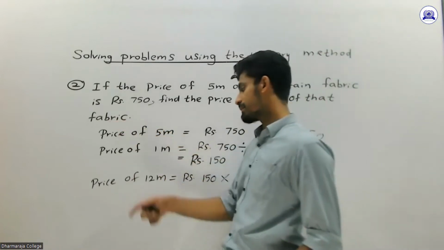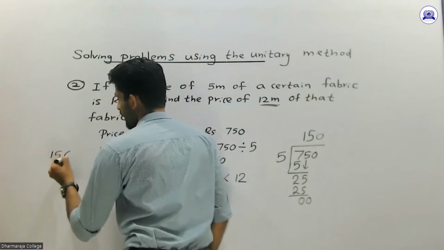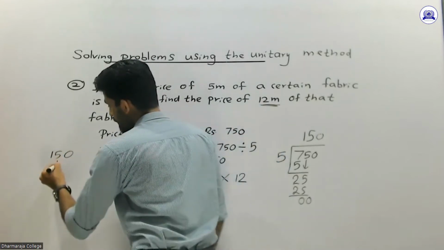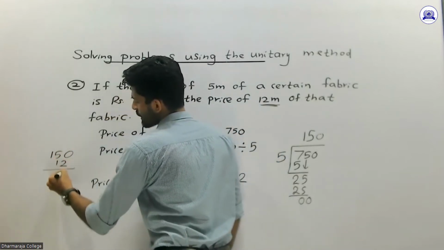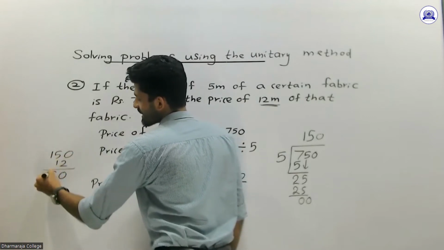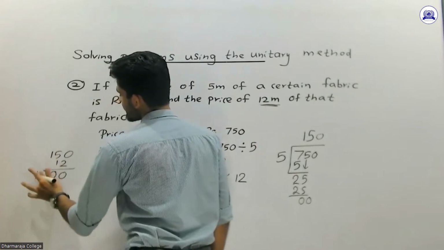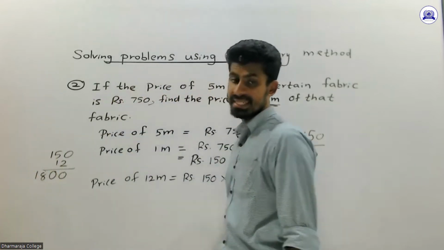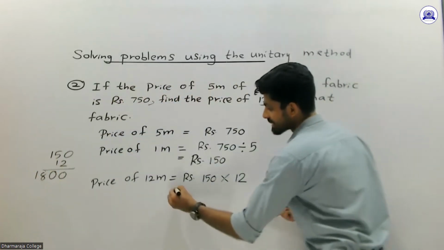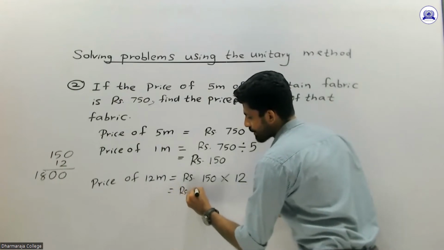150 by 12. So I will do the simplification part here. 150, you need to multiply by 12. 12 into 0, 0. 12 into 5, 60, remaining 6. 12 into 1, 12 plus 6, 18. So what is the price? 1,800 rupees.